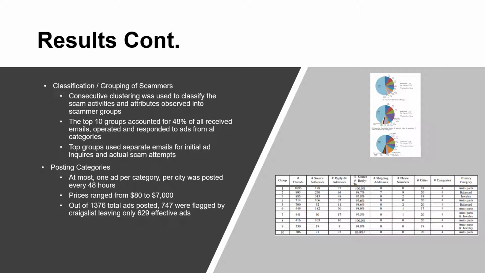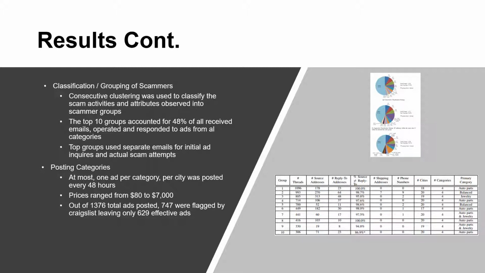The groups have been targeting ads in different classes of goods and geographic regions on Craigslist. Analysis shows that the top 10 groups operate almost over all the cities which ads were posted to, and the groups also responded to ads from all the categories of products that were advertised.